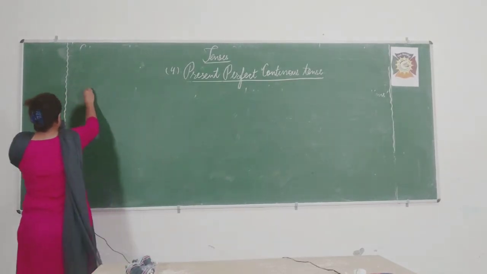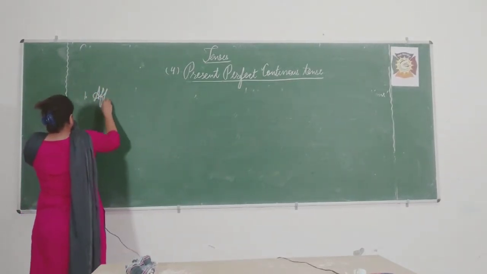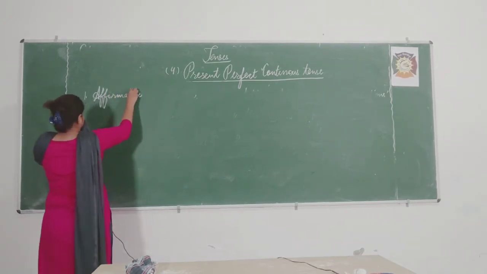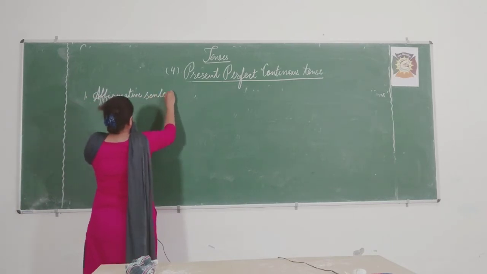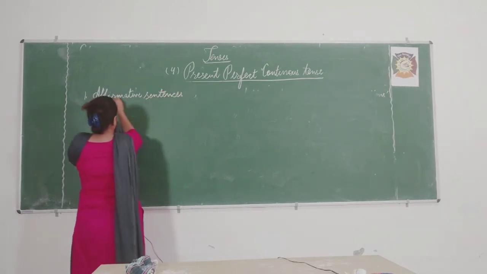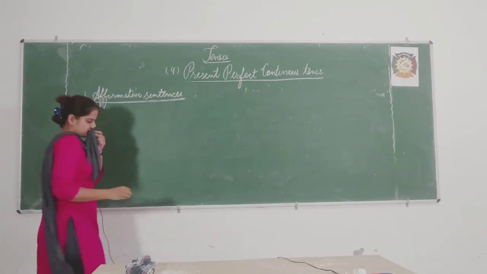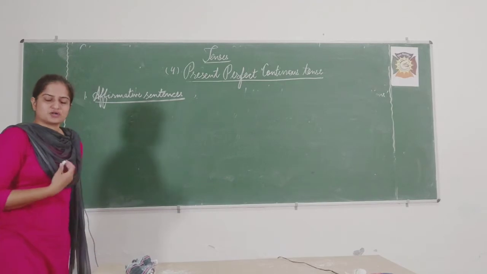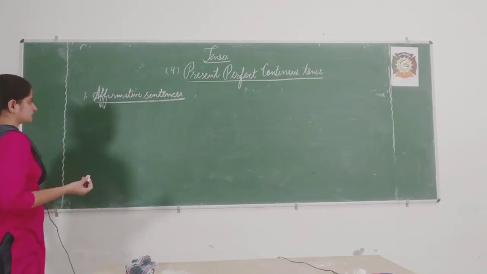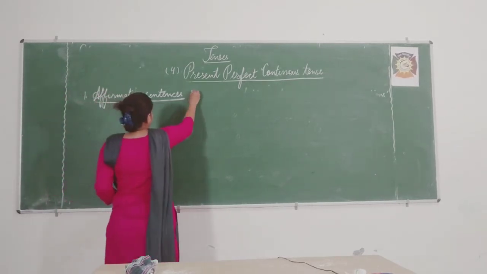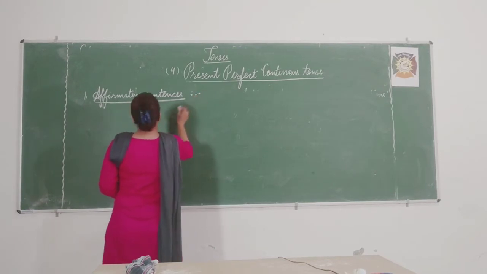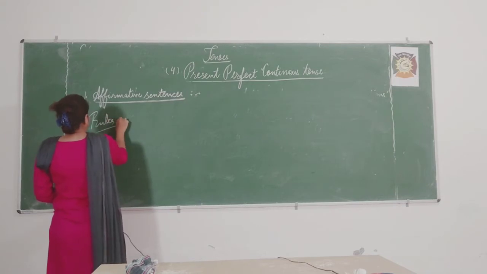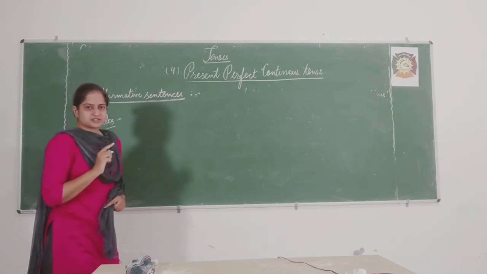First type of sentence is affirmative sentences, or we may also call it positive sentences or yes sentences where there is no negation. So, what are the various rules of formulating affirmative sentence in present perfect continuous tense?